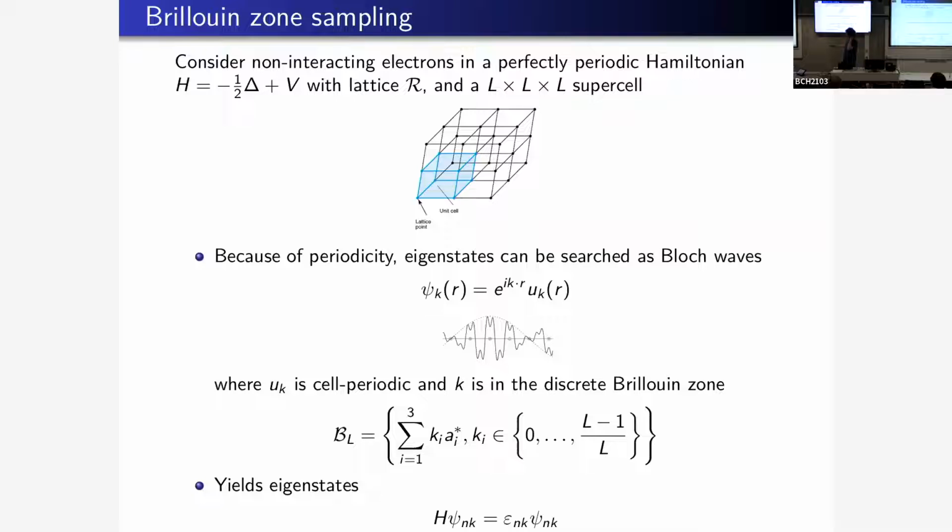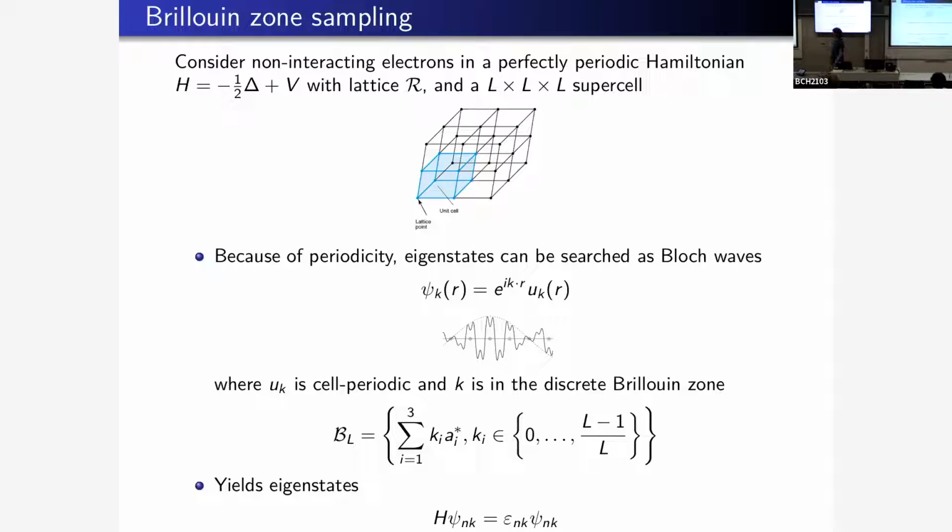Because you've not broken the translation invariance with your periodic boundary conditions on the edge of your supercell, you can use it to apply the Bloch theorem. And the Bloch theorem tells you that the eigenstates of your Hamiltonian can be looked for in the form of Bloch waves.